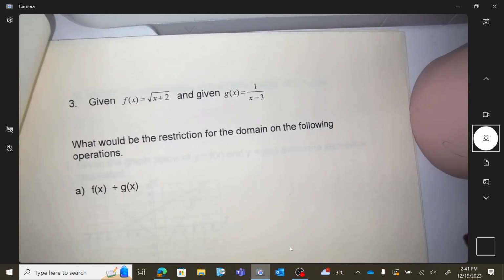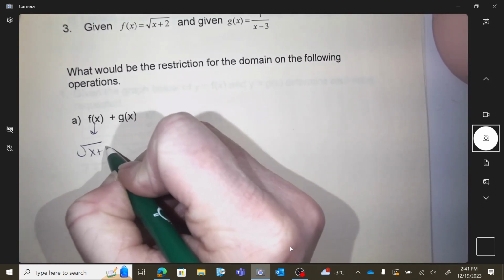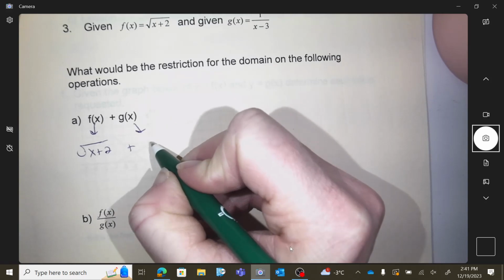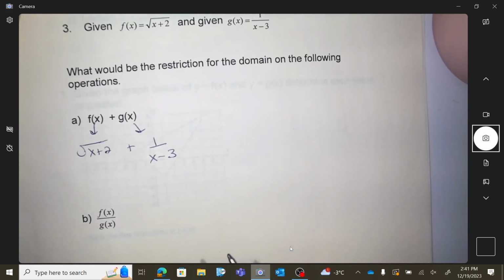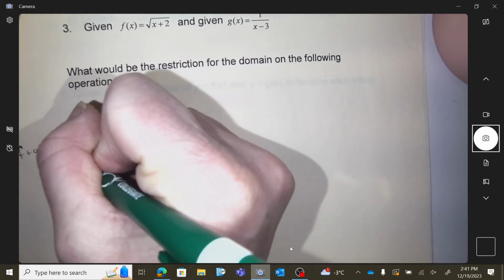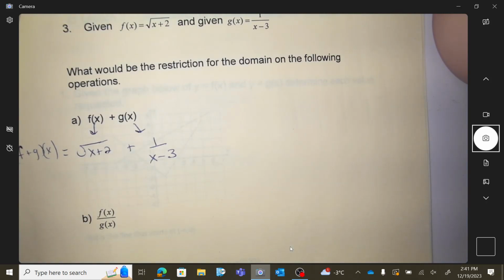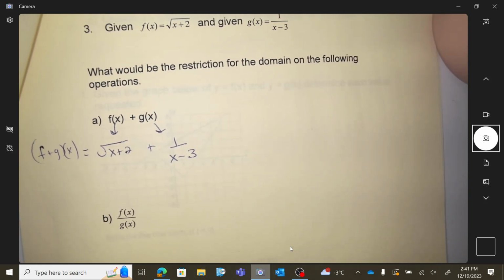Okay, so this one we're adding. So this function plus this function. Okay, obviously you can't simplify this, but it just talks about the domain issues.